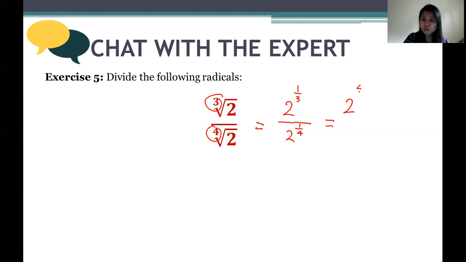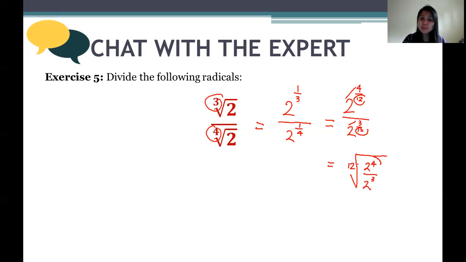That's 4 over 12, and the other is 3 over 12. Same denominators now. So we rewrite them back to one radical. That's index of 12. For the numerator, that's 2 to the power of 4. Denominator, that's 2 to the power of 3.